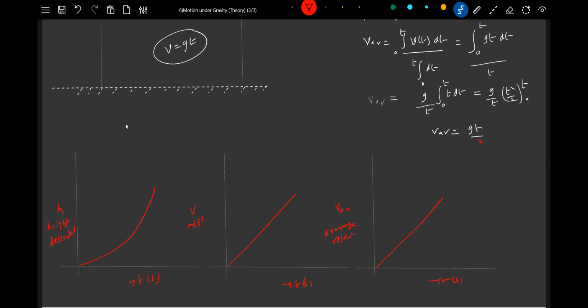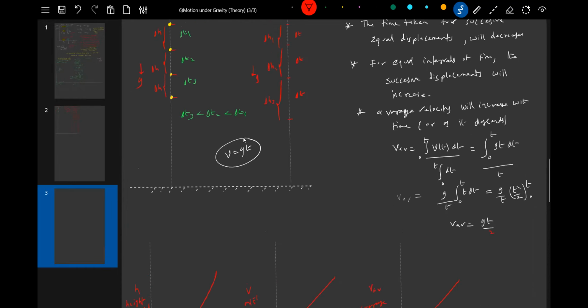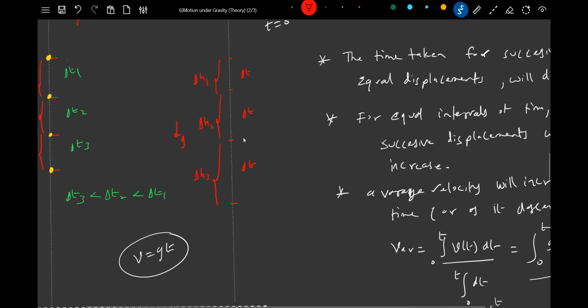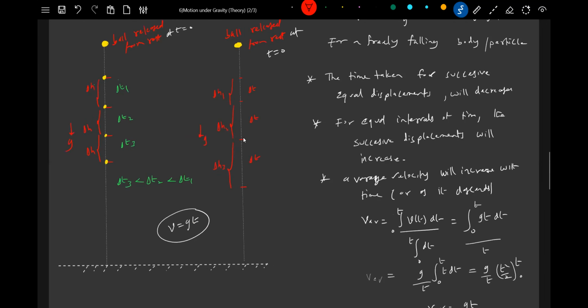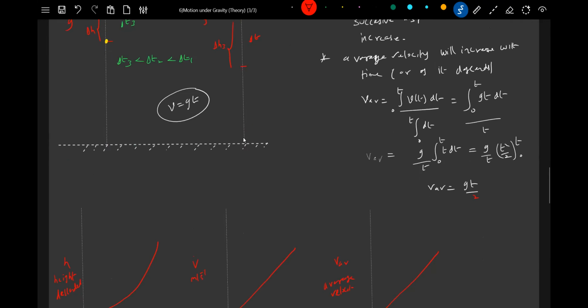Then what about the distance covered in the nth second here? Any formulas? Let me put all the things here. Distance covered in the nth second, or displacement in the nth second, is equal to Sn = u + (g/2)(2n - 1), where n is the nth second.